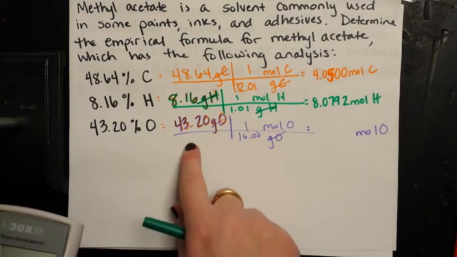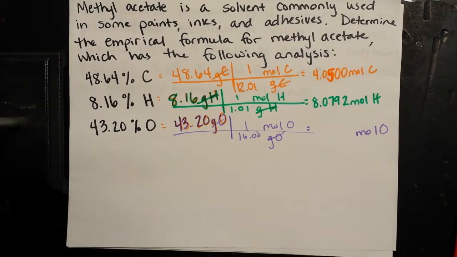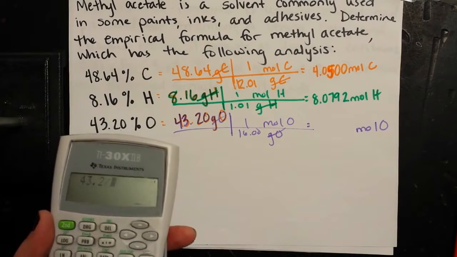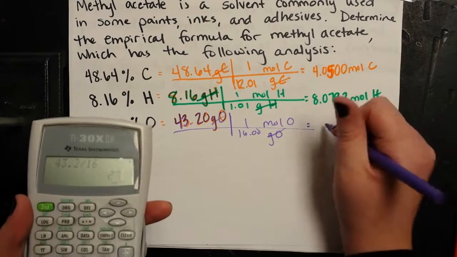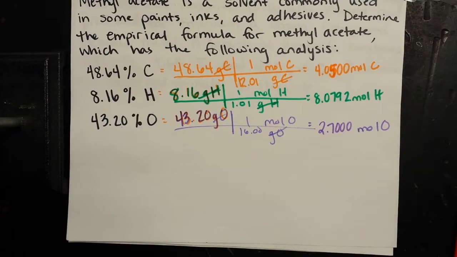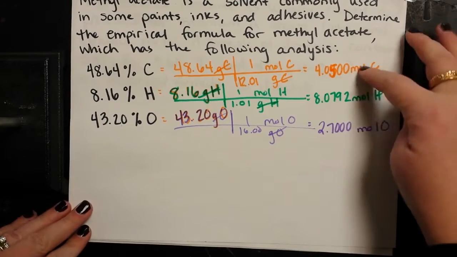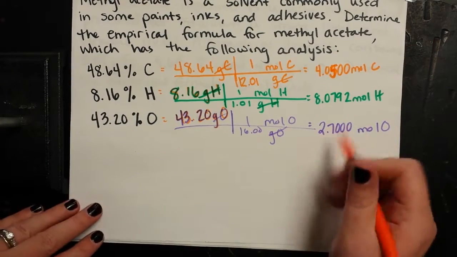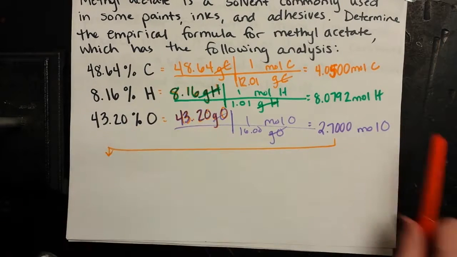And oxygen, if I have 43.2 grams and divide it by 16, that's 2.7 on the dot, but I'm going to maintain that 4 decimal places. So once I have my moles of each substance from these percentages, I can then bring everything down.